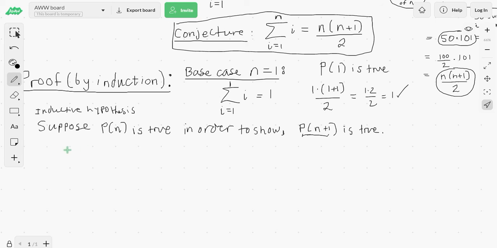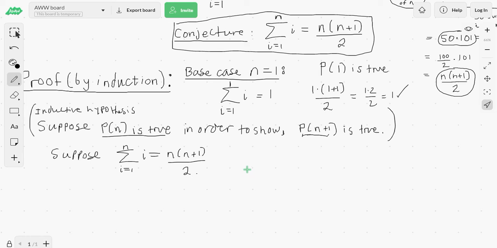We suppose P of n is true, which basically means we suppose, more specifically, that the sum from i equals 1 to n of i is indeed equal to n times n plus 1 over 2.